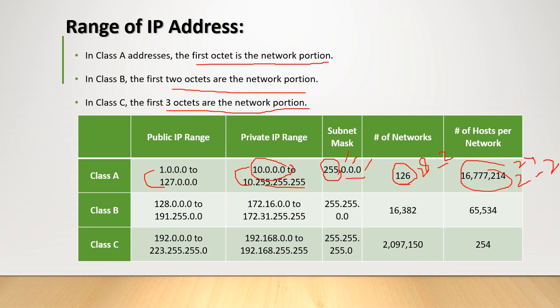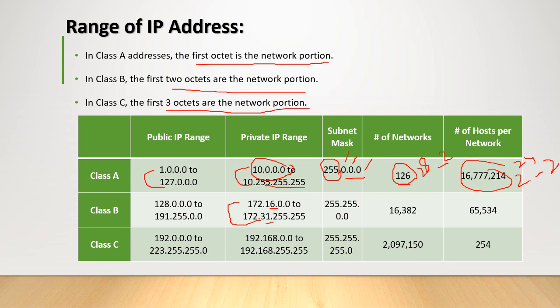The same thing in class B: we have a range of 128 to 191, and this is the range of private IP addresses: 172.16.0.0 to 172.31.255.255.